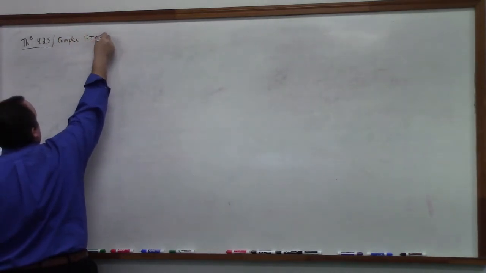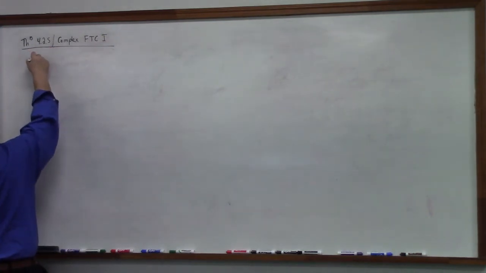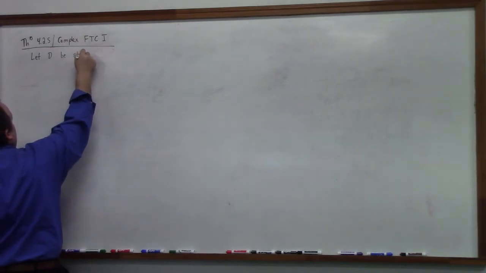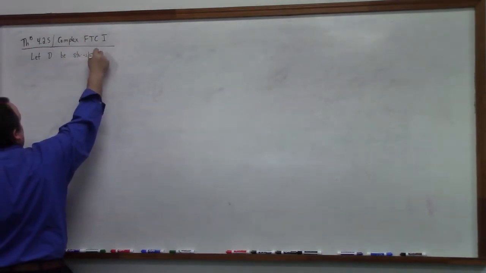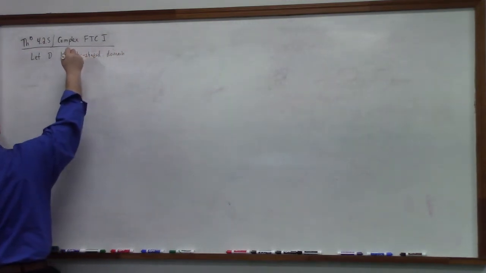FTC One. And what that says in our version of it is: let D be a star-shaped domain. All right.